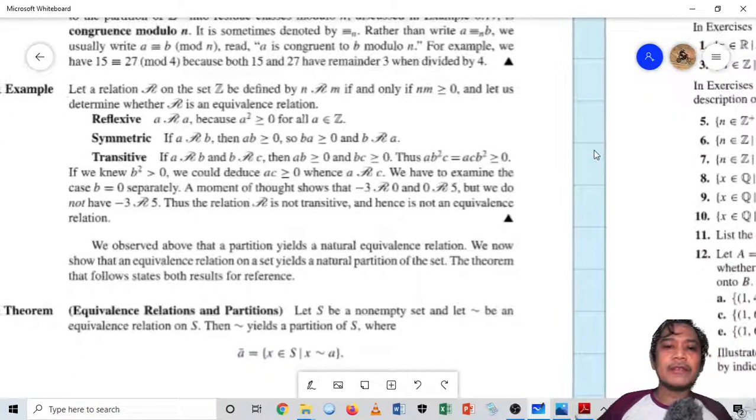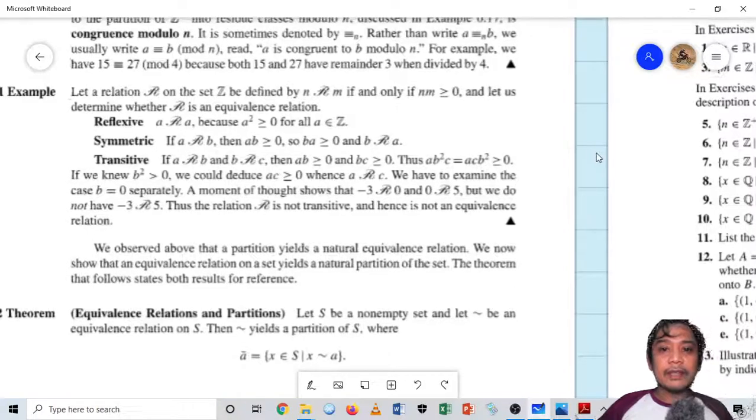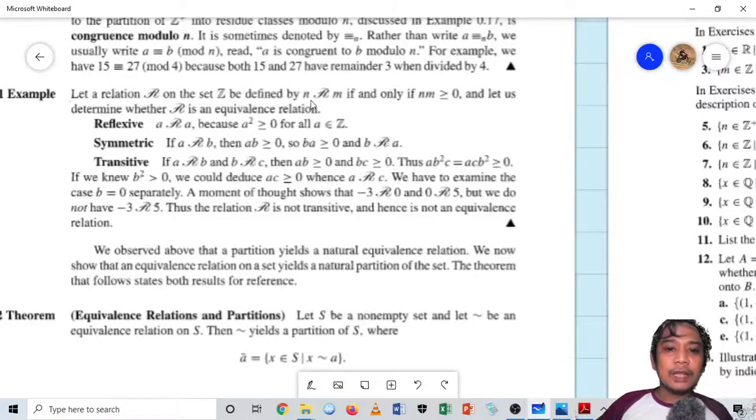Okay, so we have here a different definition of a relation. If we would reword this, two integers are related if and only if their product is not negative.